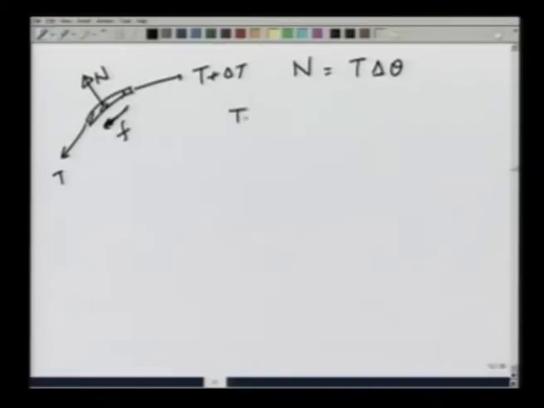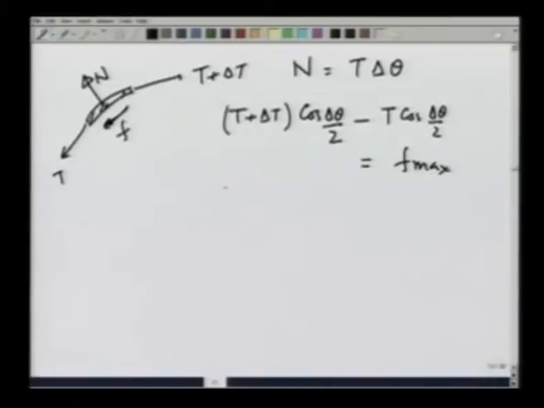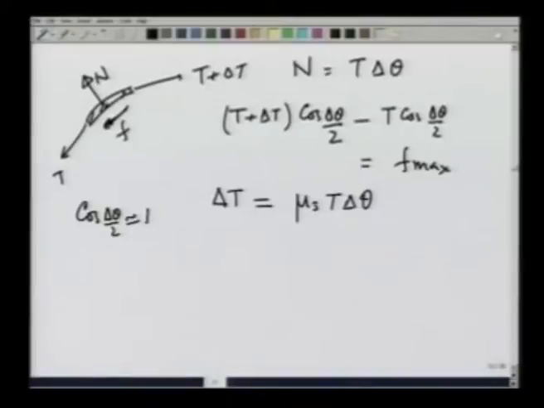So, therefore, T plus delta T cosine delta theta by 2 minus T cosine delta theta by 2 would give me F max, and this gives me delta T is equal to F max, which is mu s T delta theta, because T cosine delta theta by 2 cancels and cosine delta theta by 2 is roughly equal to 1, and this gives me an equation for the relation between tension and the angle.